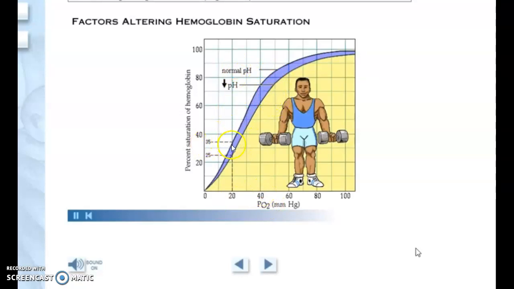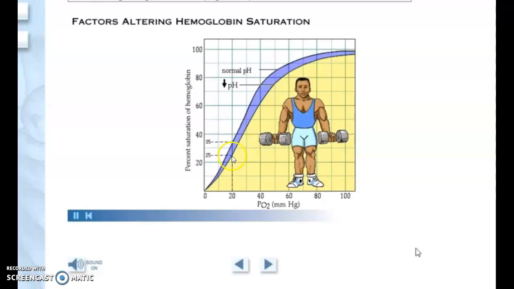So let's look at an example. If it were only the lowering of the partial pressure of oxygen, then our blood would have been about 35% saturated at this point. But if we do that plus our pH dropping while we're exercising, producing that lactic acid, then notice that our curve shifts to the right.